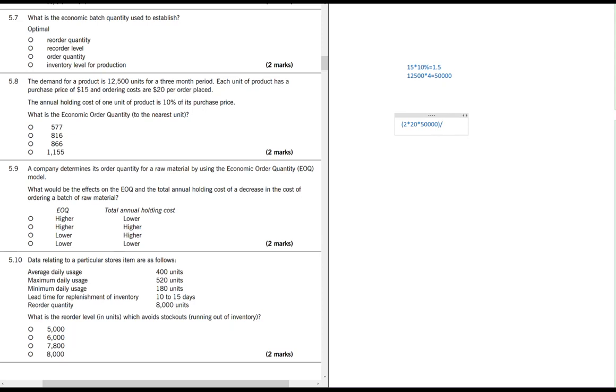But in economic batch quantity, they don't have to be in years. They just have to be consistent.